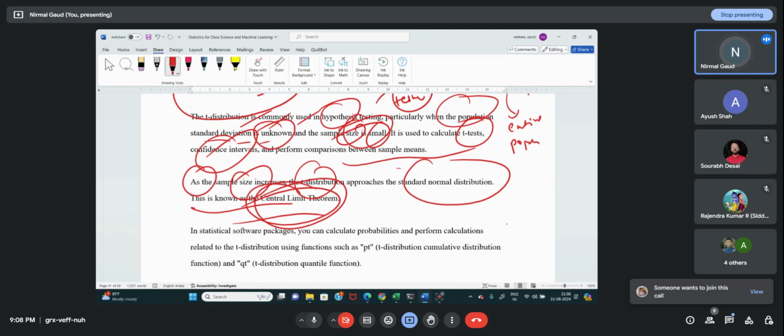So now you should be aware of the concepts. What is normal? Why is it important? What is student T? Where are we using student T? What are the properties of these distributions? Very much important. You should know all these things.